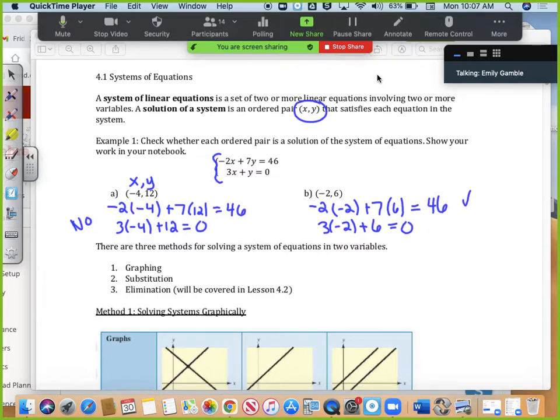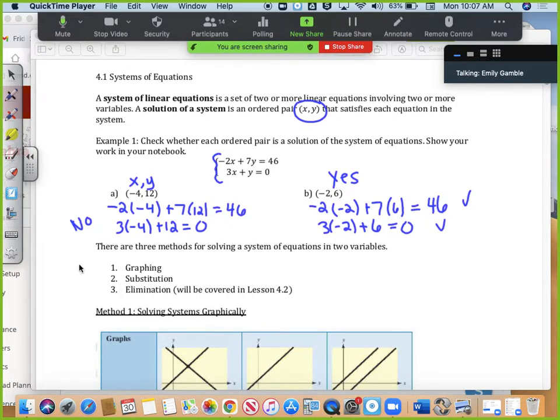The second one, 3 times negative 2 is negative 6, and negative 6 plus 6 is 0. It works for the second one. So yes, this is a solution to that system of equations. In order to be a solution, it has to work for both. Basically, the solution to a system of equations is an ordered pair that satisfies both of the equations.